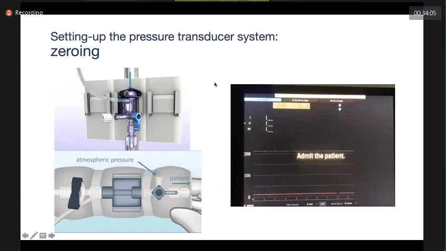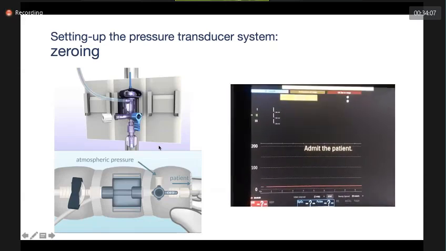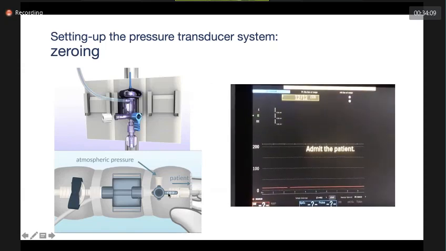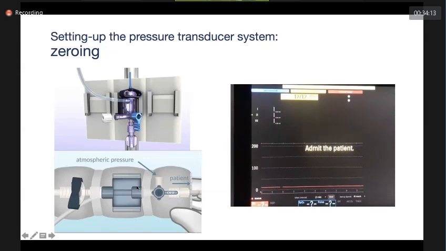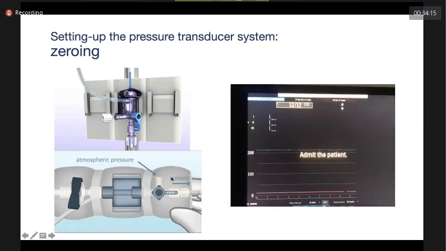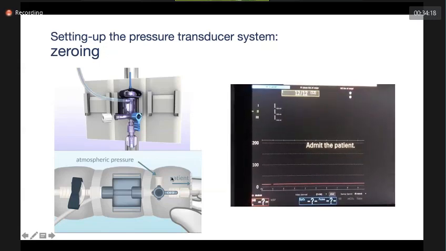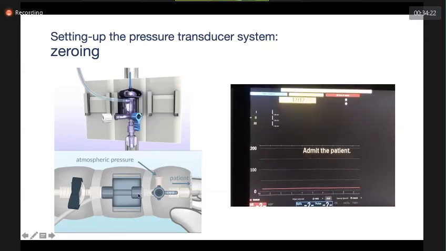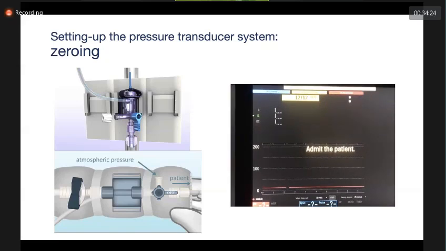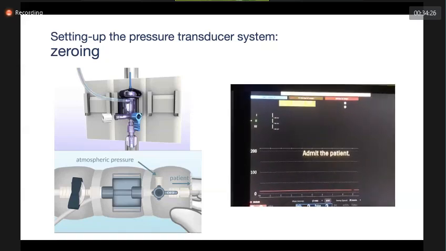That is the reason that once you do calibration and leveling, you open the pressure transducer system to atmospheric pressure with a fluid-filled system. You fill the transducer with saline, which is supposed to be equal to the viscosity of the blood. There will be a marginal difference, but we don't take it into consideration.